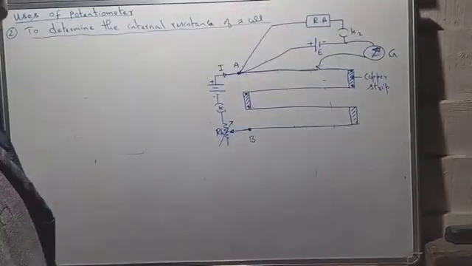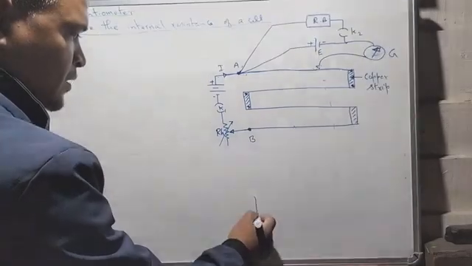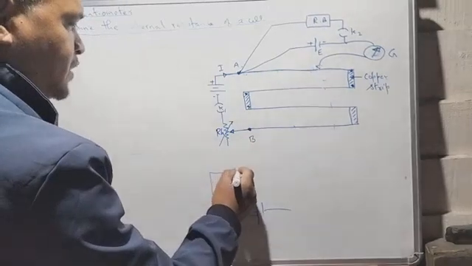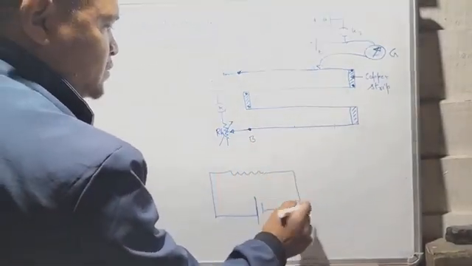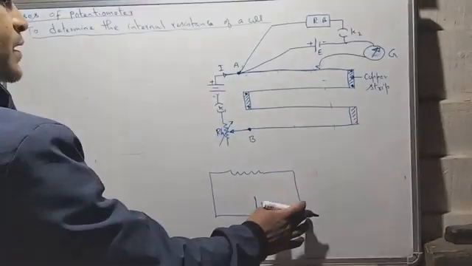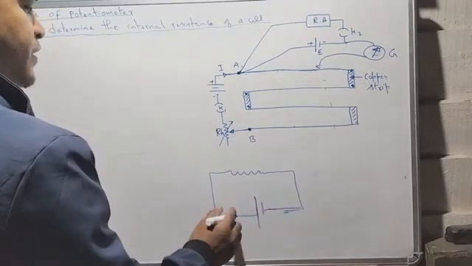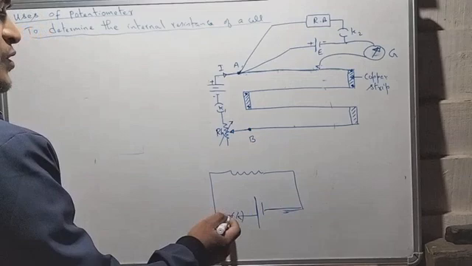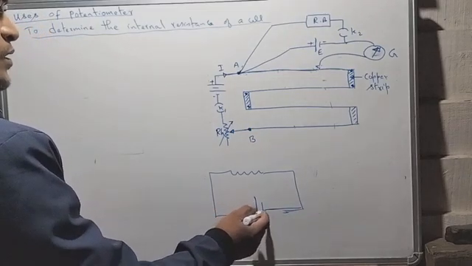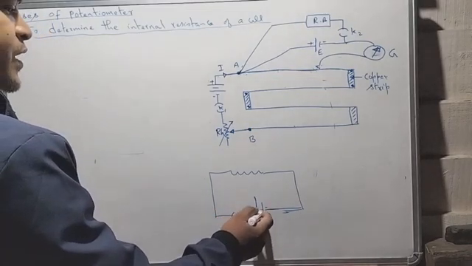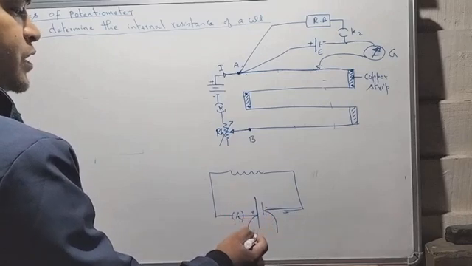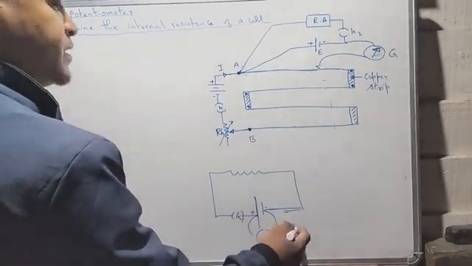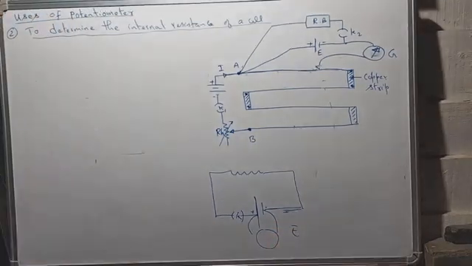If you remember, in the chapter on EMF, I explained that if the key is open, then when you measure the potential difference between the two terminals of the cell using a voltmeter, that potential difference is known as EMF.